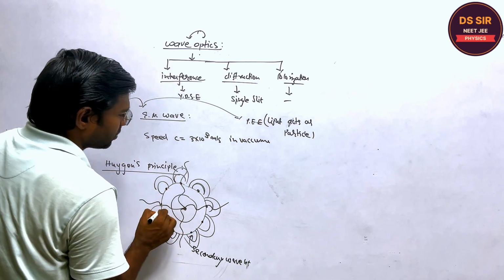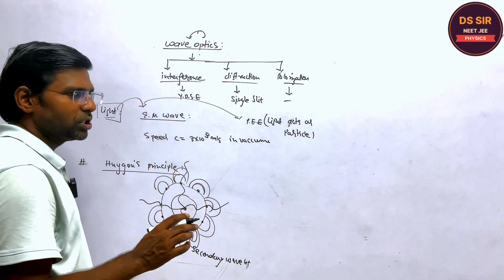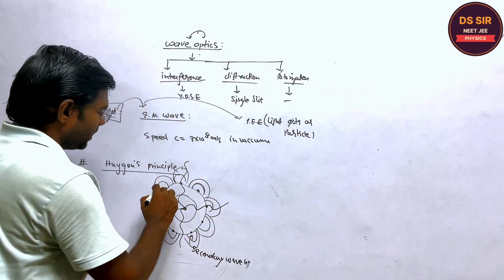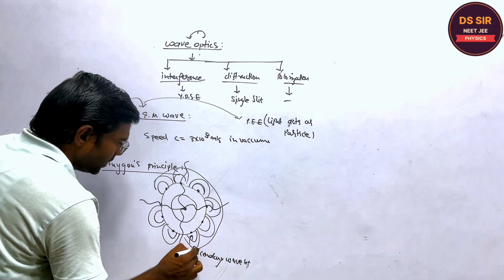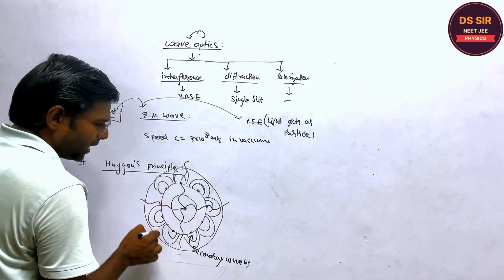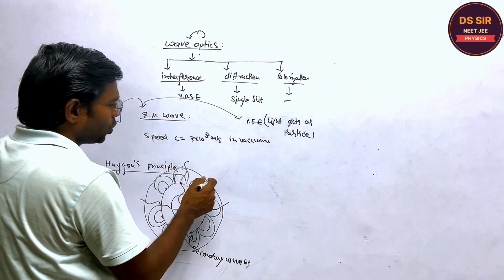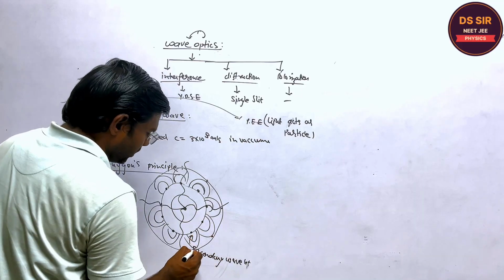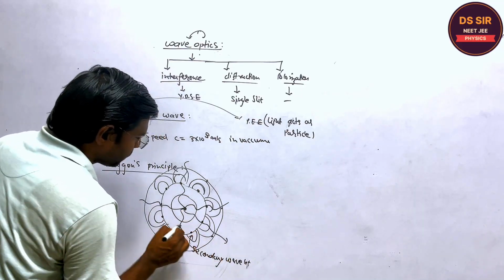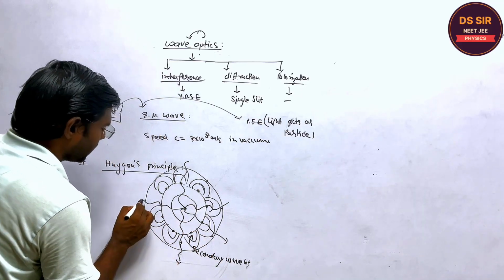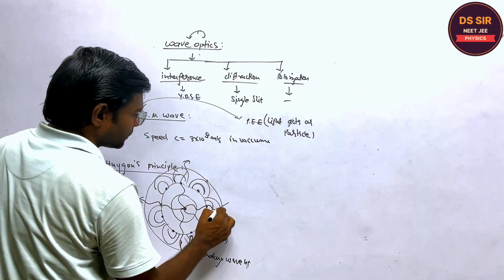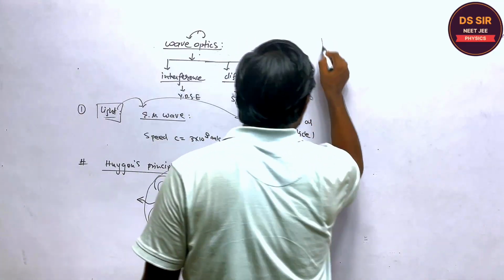Is it clear or not? And the new position of the wavefront is obtained by drawing the tangent joining these wavefronts. Are you getting or not? So light is moving in the forward direction in this way. Right. So this is the Huygens principle.